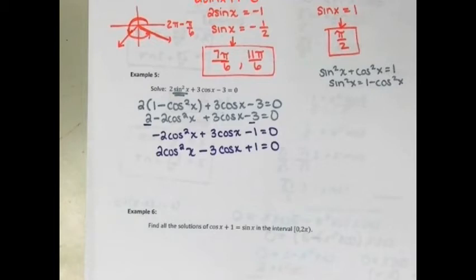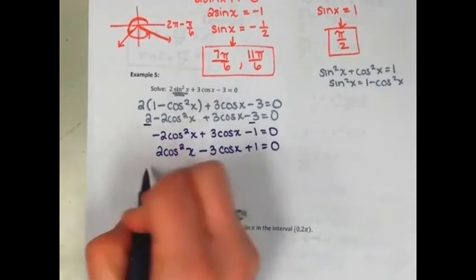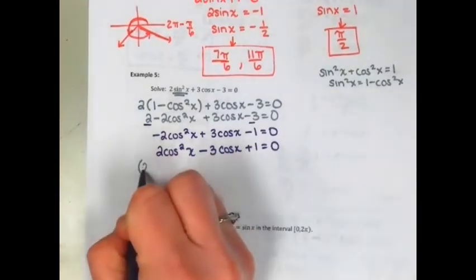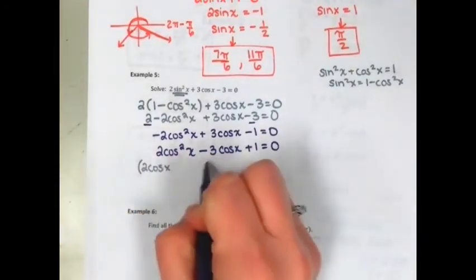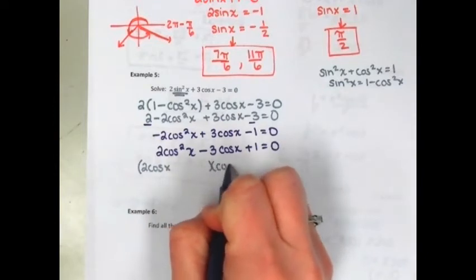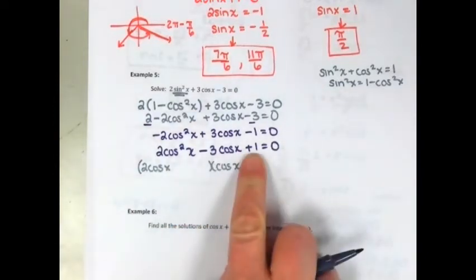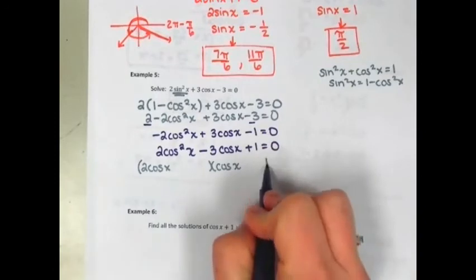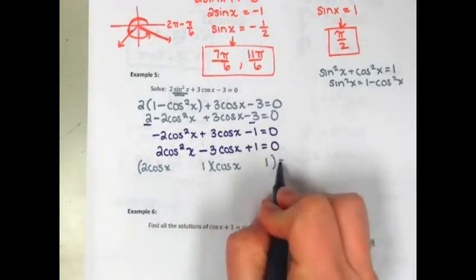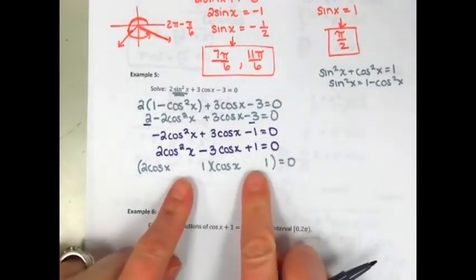All right, so let's go ahead and factor. 2 is prime, so I know I'm going to have 2 cosine x on one of them. Isn't 1 also prime? So we know it's going to be 1 and 1. Now, are these going to be opposite signs or the same sign?